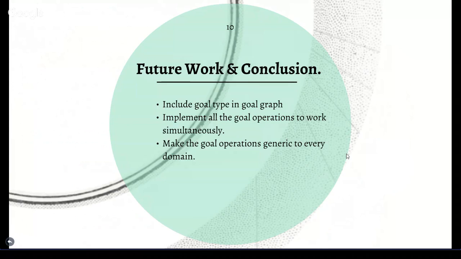We also want to make all the goal operations work simultaneously. Currently these operations are implemented, but all of them are independent of each other. And these are also domain specific, and we are trying to bring everything to every domain.